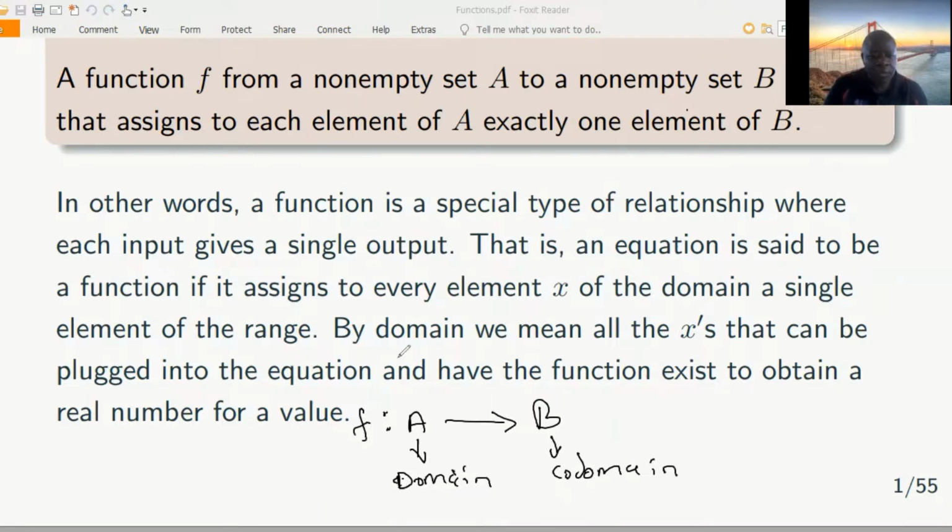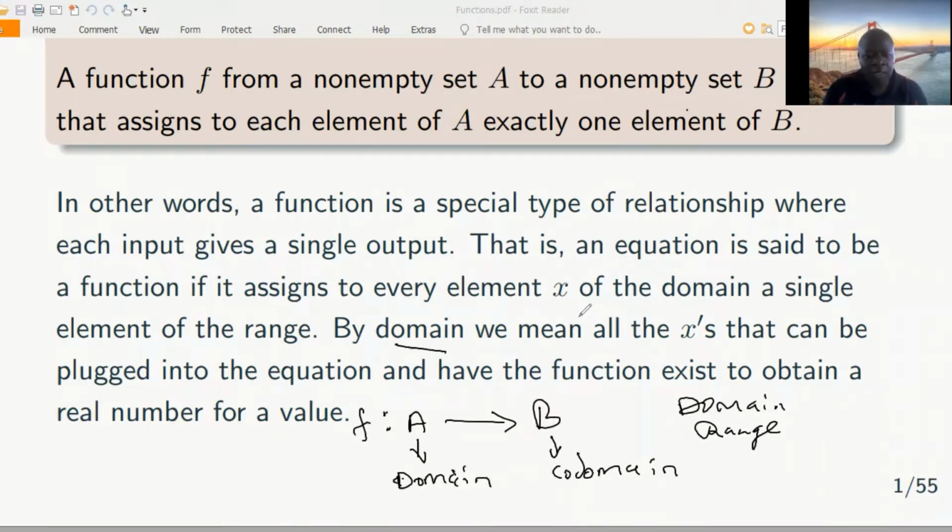And that is what we see here. I've said by domain, we mean all the x's that can be plugged into the equation and have a function exist. We'll come to the knowledge of domain and range later. When I come to that, the notion of domain and range shall be made clear.